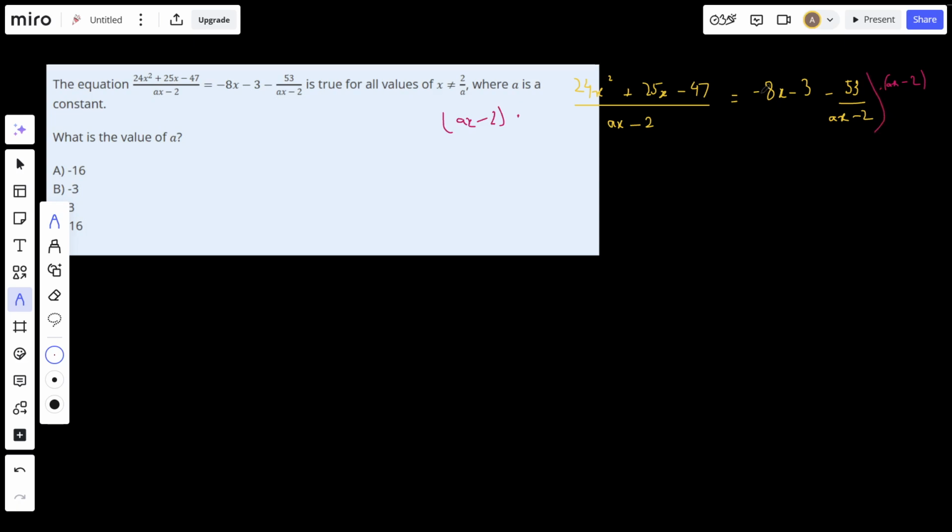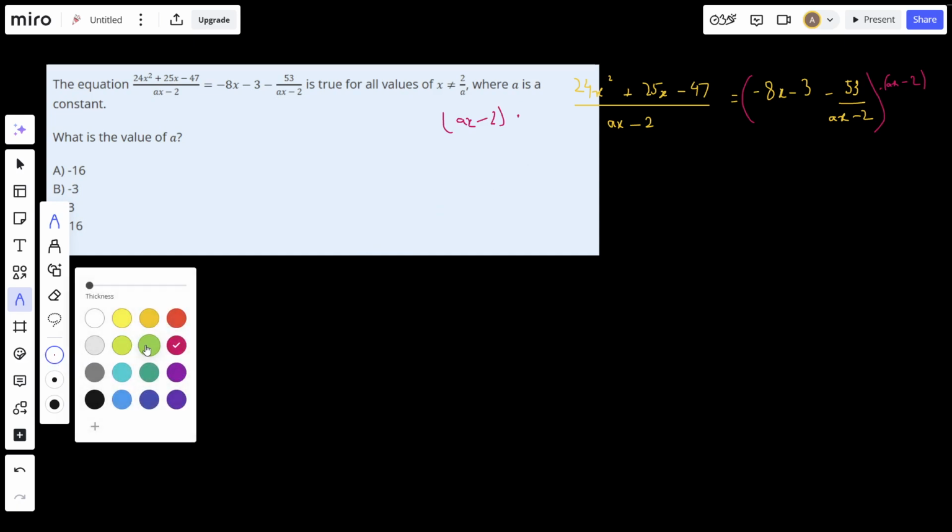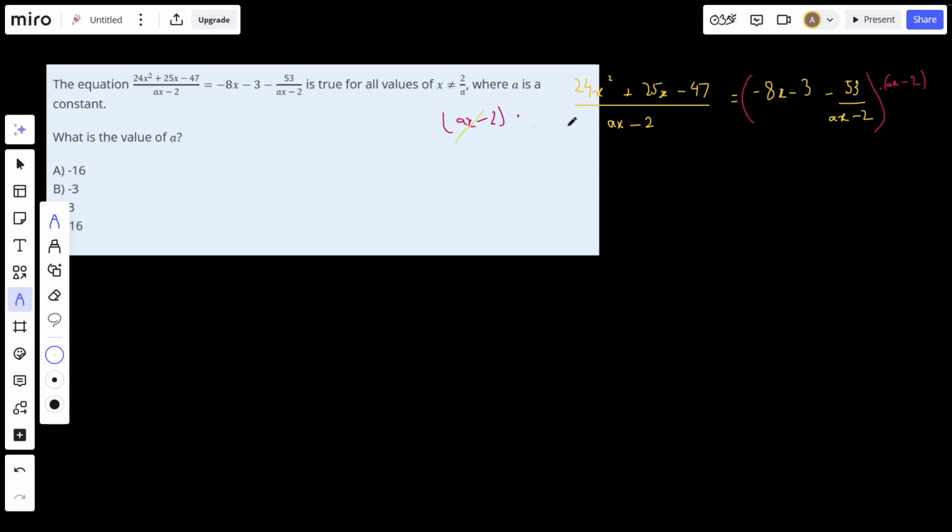And we can put everything else over here in brackets. So ax minus 2 and ax minus 2 cancel out, and ax minus 2 cancels out. And we multiply ax minus 2 by minus 8x and with minus 3.